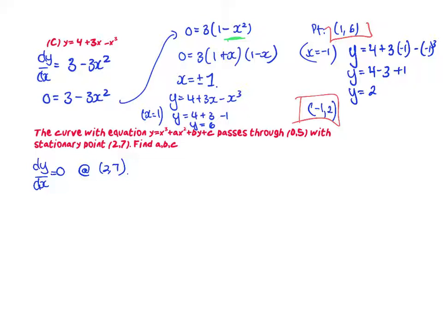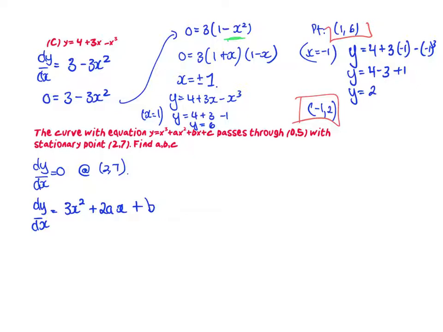Okay, so let's go and work this. Let's find what dy dx is. Even with the letters, we could say that dy dx is 3x squared plus 2ax plus b.